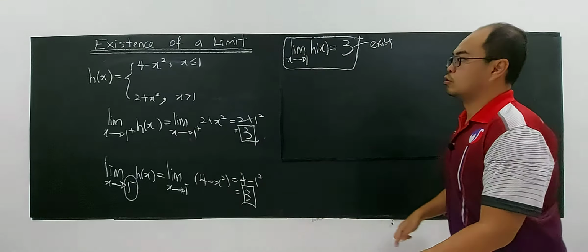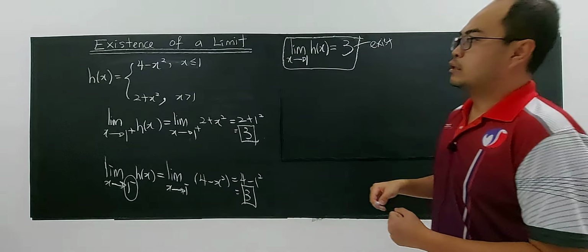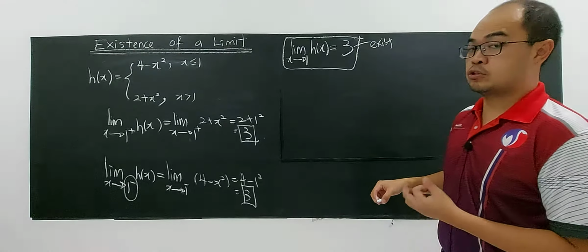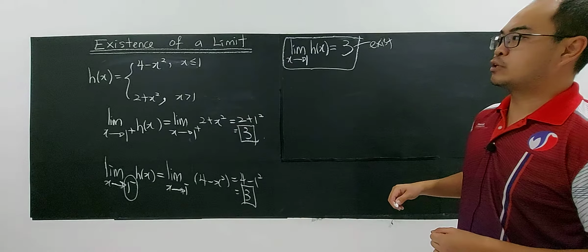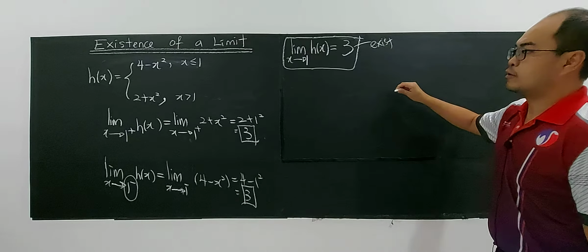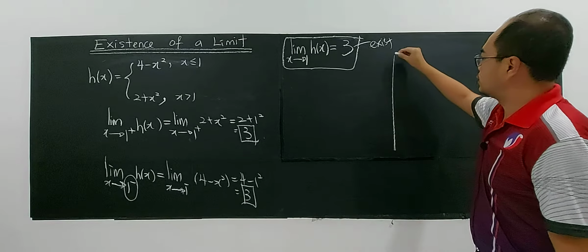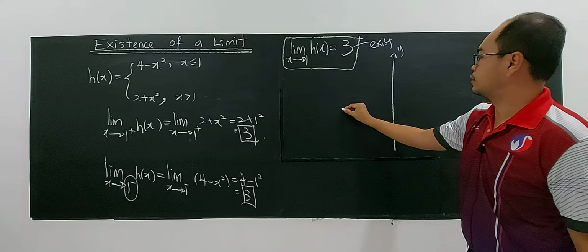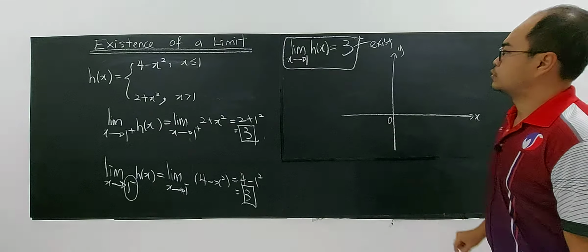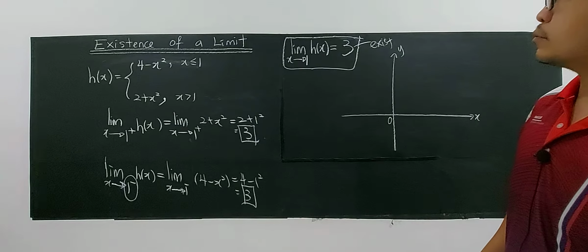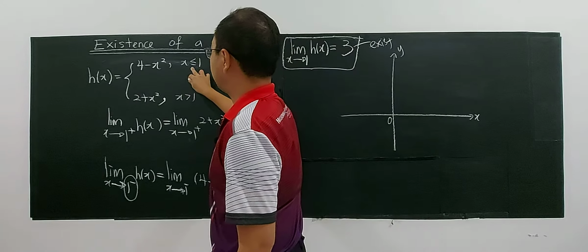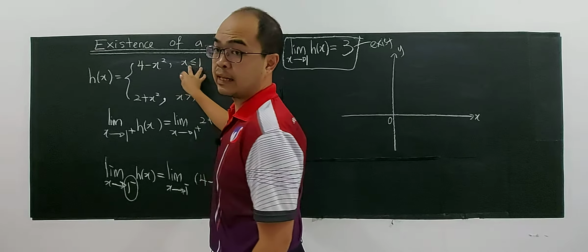Joining means that they may be discontinuous, but they actually have the same limits from the right and from the left. So if you see the graph of y, as x approaching 1, x less than 1.